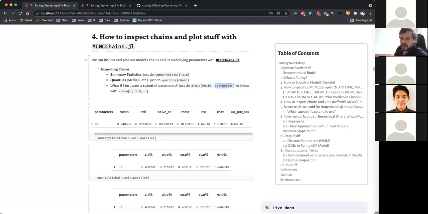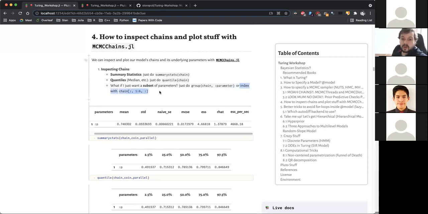Group doesn't accept a list of parameters, it just accepts a symbol. You cannot pass a list of symbols. This is something that I wish Turing would do. It's something for everybody who wants to get involved in Turing. Maybe do a nice contribution here.